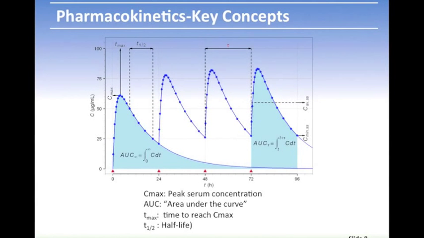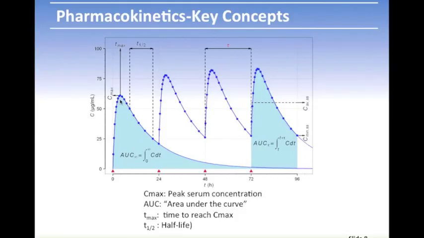I'd like to spend a few minutes explaining some basic pharmacokinetic terminology. This figure describes the circulating concentration of a drug over time. In this example, the drug is administered at time 0. After time Tmax, the concentration of the drug reaches a maximum denoted as Cmax.